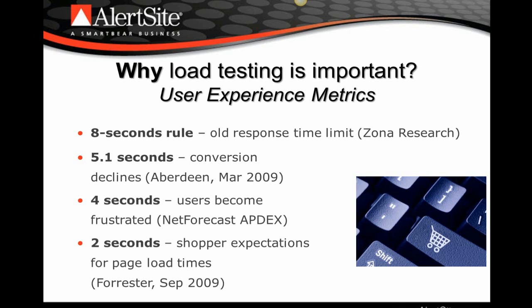As we've shown on the board here, user expectations are increasing. A site outage during peak periods is expensive. So you want to make sure that if you expect a certain level of business coming your way through your site, that you test for maybe 50% more, just in case.